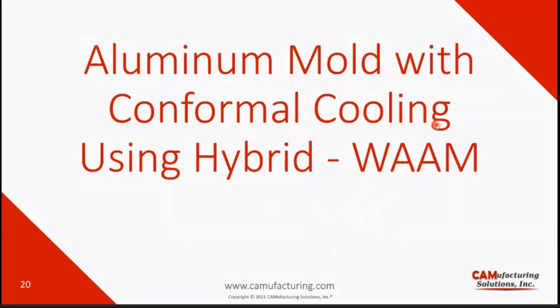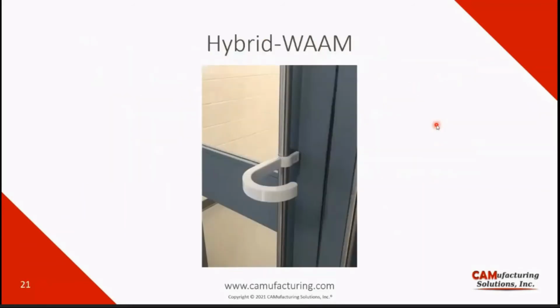Our next example is an aluminum mold with conformal cooling using hybrid wire arc additive manufacturing. Just a quick introduction of this part. During the COVID-19 pandemic, CAMufacturing joined the COVID-19 engineering research group of the University of Windsor in order to help society.